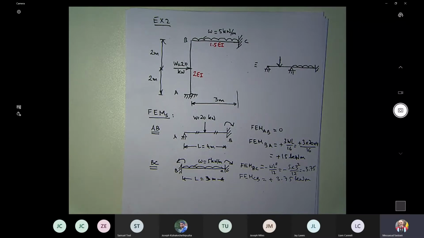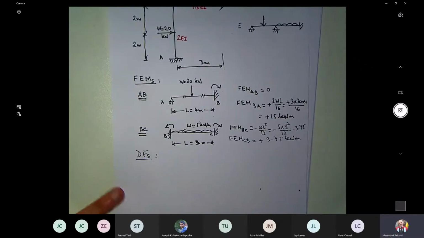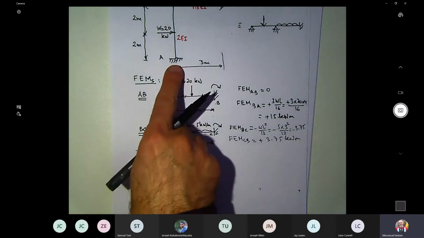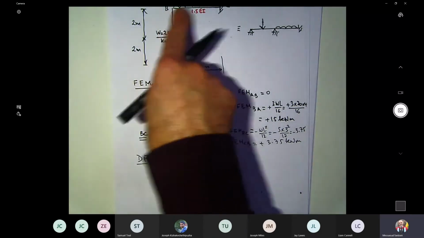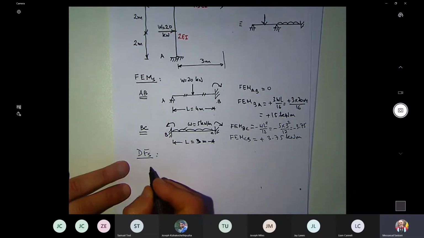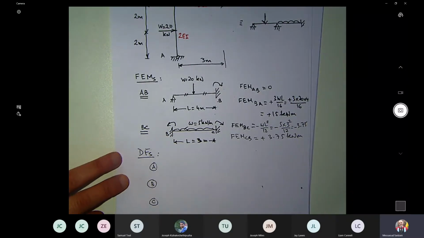That's good. So let's do the distribution factors now. DFs, distribution factors. So we have AB and BC. So we have 3 joints. We have joint A, joint B, joint C. Okay?